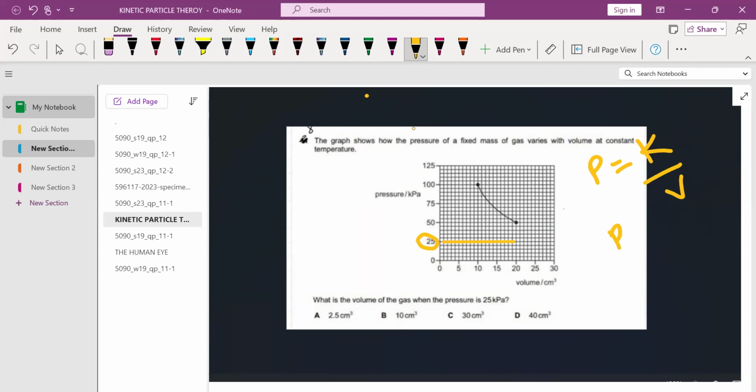In this case, P into V equals K. You will rearrange the formula. Okay. Here you will use the formula P1 V1 equals P2 V2. So you will be taking P1 V1, any 2 points from the graph. You can take 2.